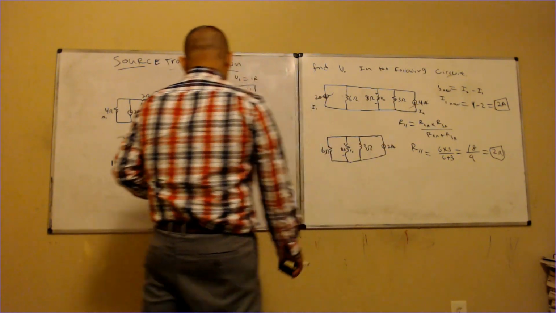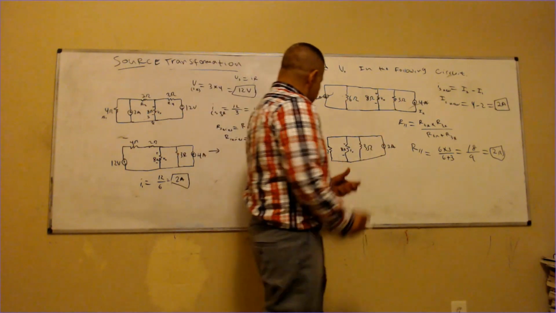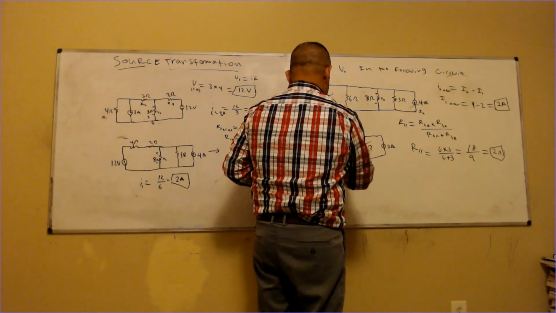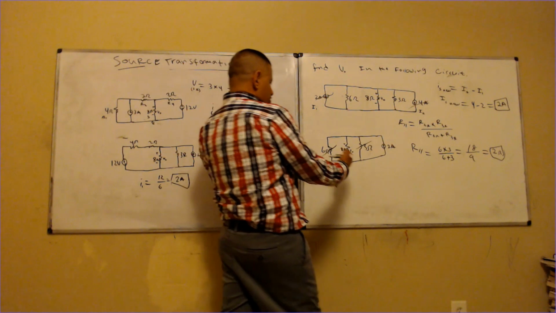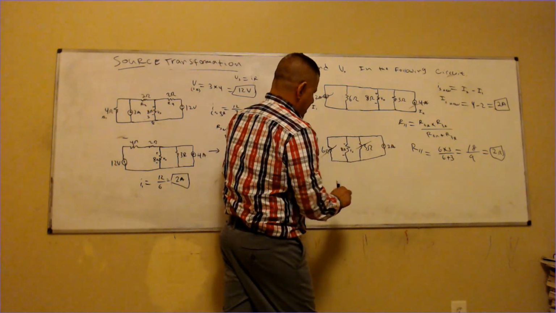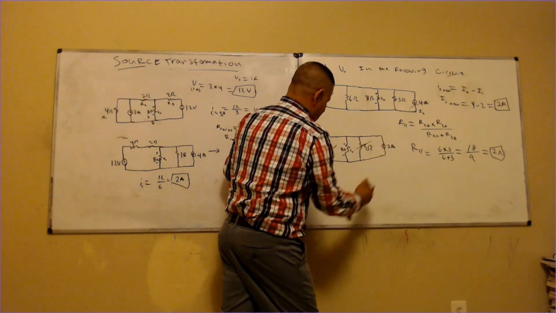So now I got rid of that, and I have only 2 resistors now, right? It's going to be this one plus that one.